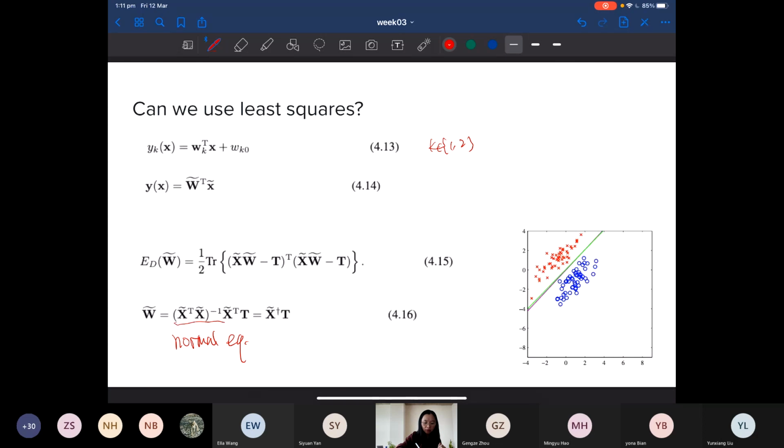And this whole thing is the pseudo inverse of x, which is denoted here. So you think, okay, great, we have a closed form solution. In the rest of this section, you'll see that closed form solutions are hard to come by. Now that we have one, why aren't we using it?